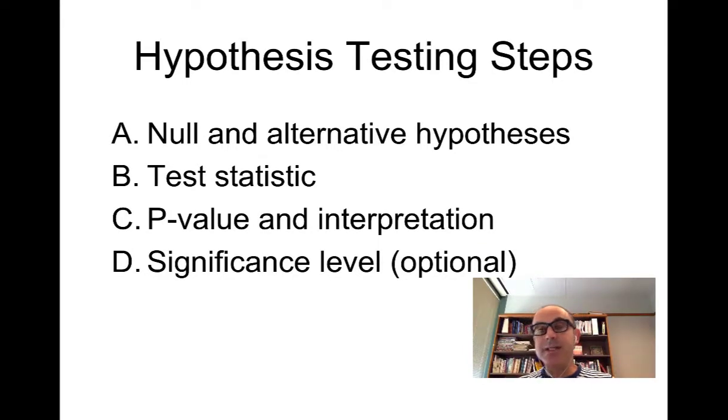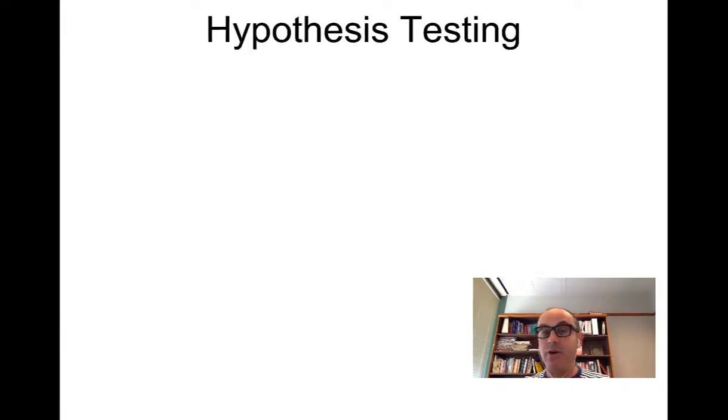In the hypothesis, I will lay out for you very straightforward steps: what is the null and what is the alternative hypothesis, what is the test statistic, what is a p-value and its interpretation, and what is the significance level.